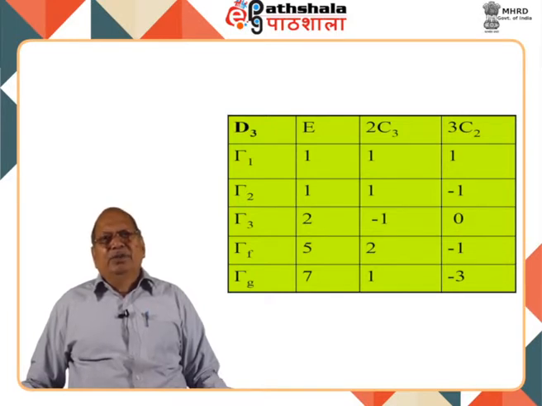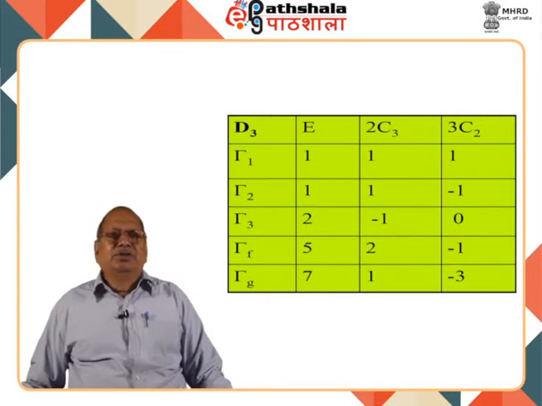I just label these irreducible representations of D3 point group as tau 1, tau 2, tau 3. That is, these are the three irreducible representations of D3 point group. So, my aim will be now to reduce TF and TG reducible representations into these irreducible representations.